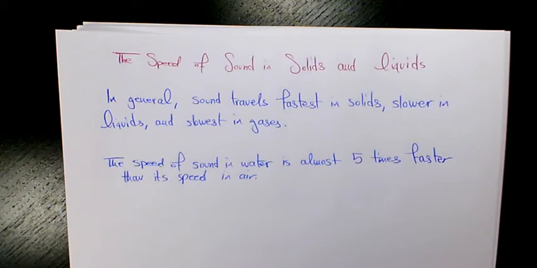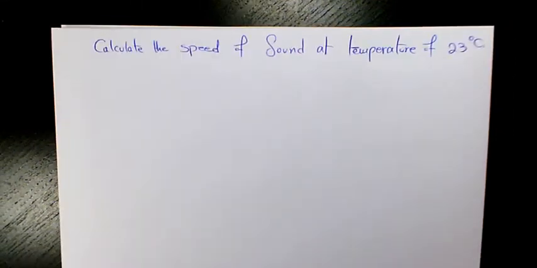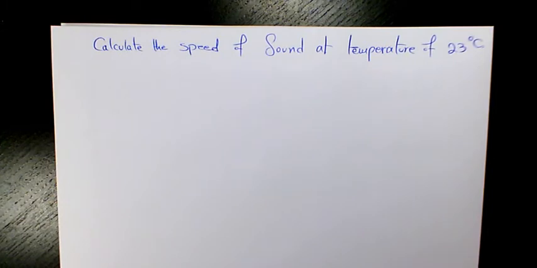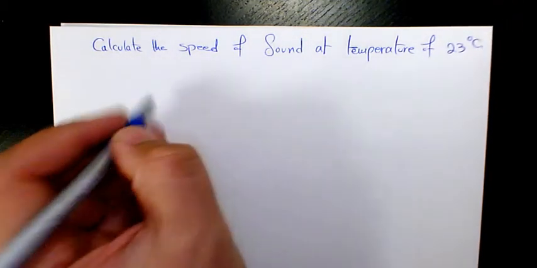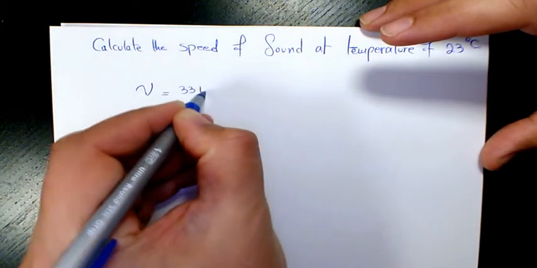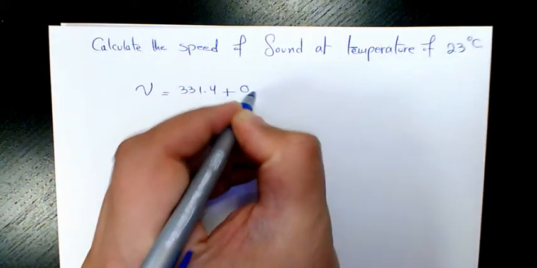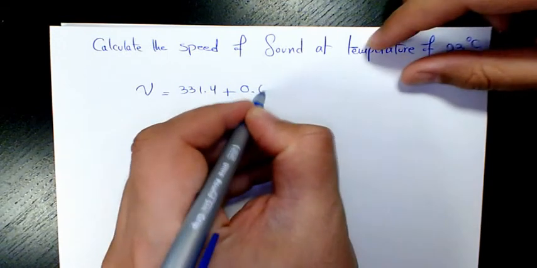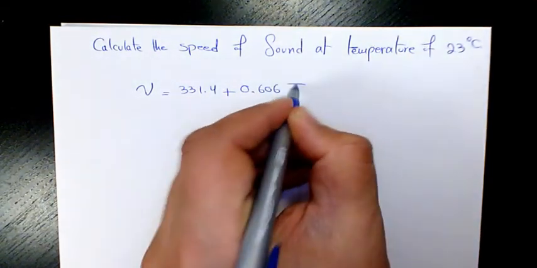Let's do some examples here. First example is saying that calculate the speed of sound at temperature of 23 degrees Celsius. So if we use the first equation we saw, it's going to be 331.4 plus 0.606 times temperature.